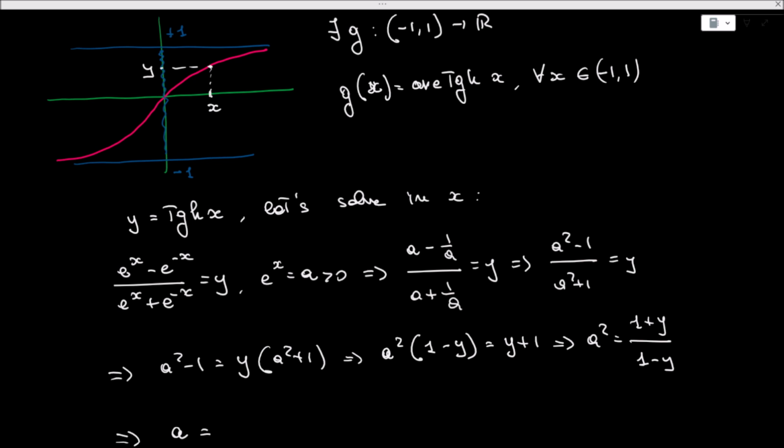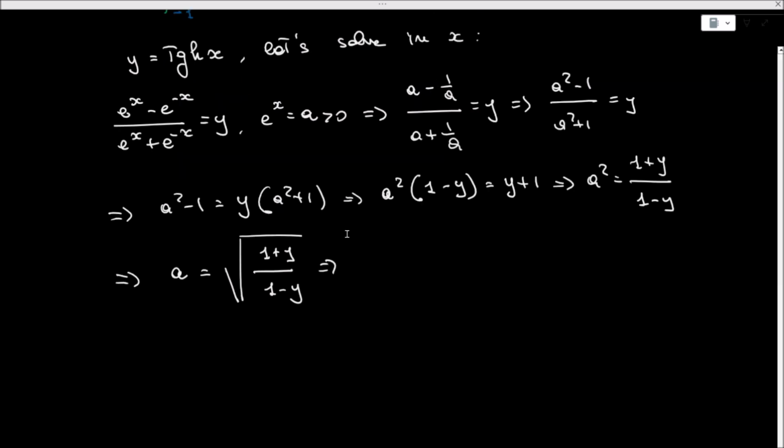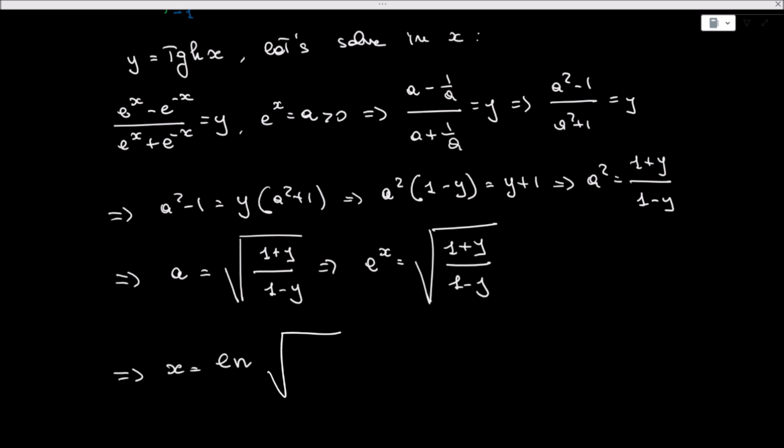And replacing a with e to the x, we have e to the x is equal to the square root of 1 plus y divided by 1 minus y, which means that x is the logarithm of the square root of 1 plus y divided by 1 minus y. And this is exactly what we were looking for, the arc hyperbolic tangent of y. This, of course, only for y in the interval minus 1, 1.